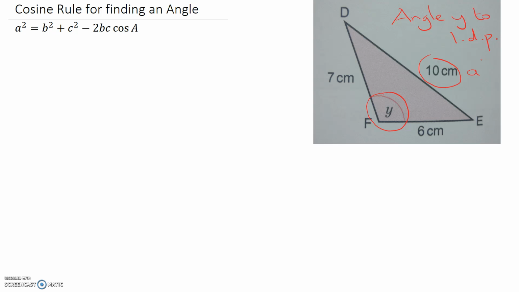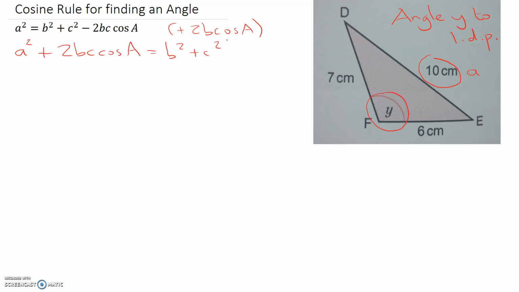The first thing we'll do is add the 2bc cos a term to both sides. That way we get a squared plus 2bc cos a is equal to b squared plus c squared.